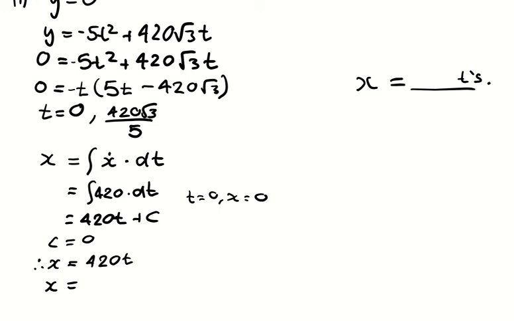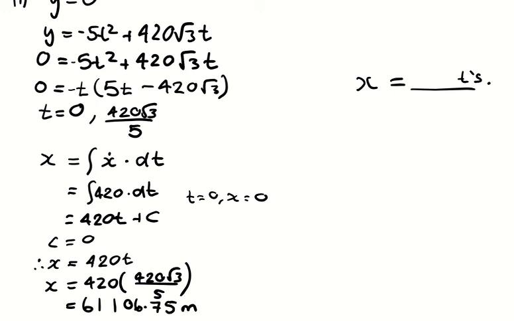So I now know that the x value is going to be 420 lots of 420 root 3 on 5, which gives me approximately 61,106.75 meters. So this projectile lands 61,000 odd meters away from me. So that sums up that question there.